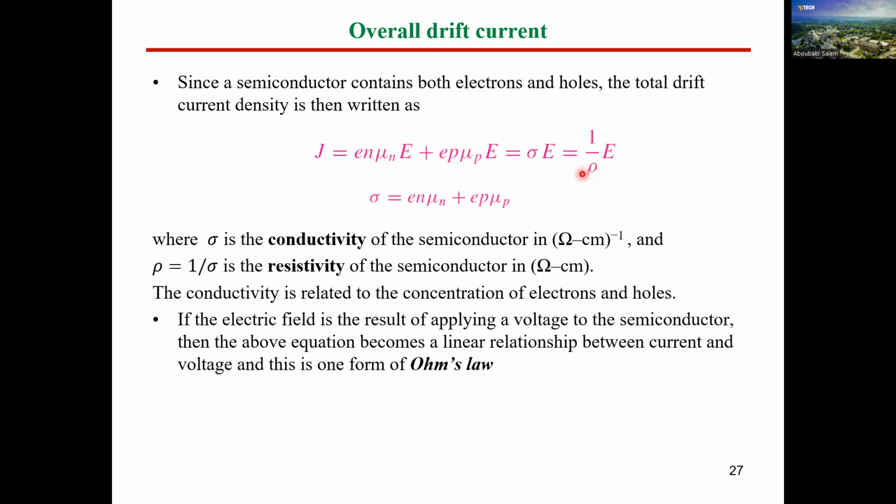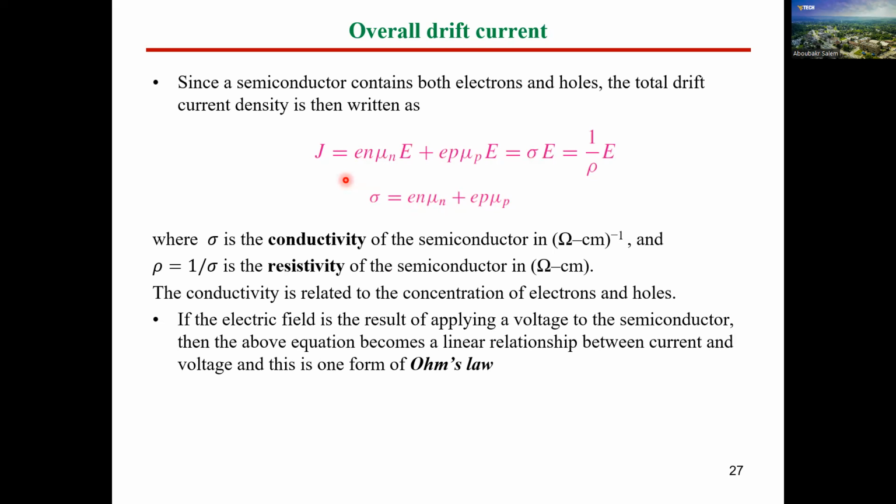So what is sigma and what is rho? We will give a definition for these variables now. Sigma is e n mu_n plus e p mu_p. What is sigma? Sigma, guys, is the conductivity of a semiconductor material.